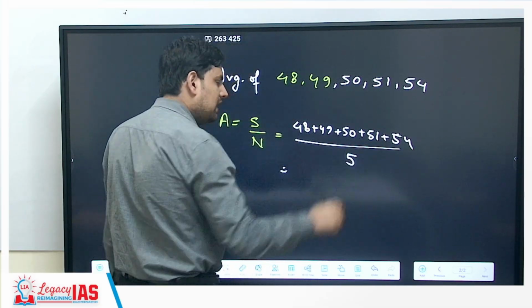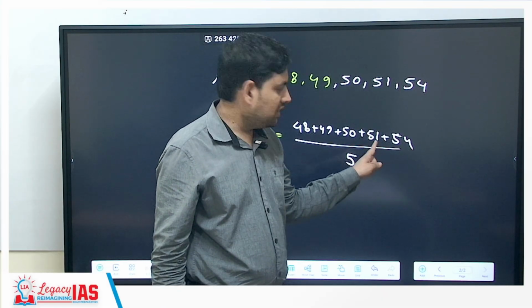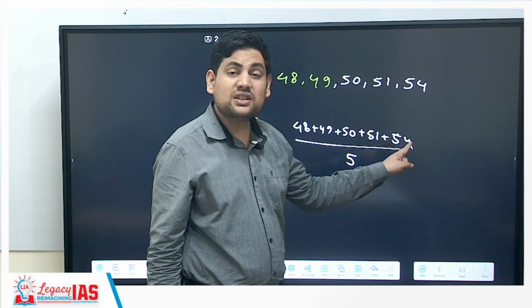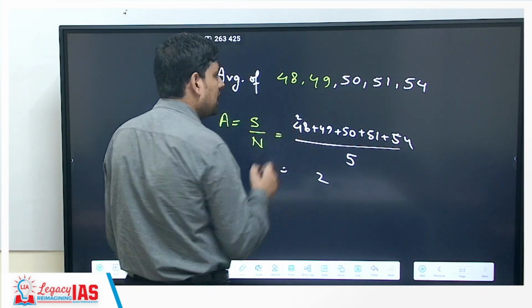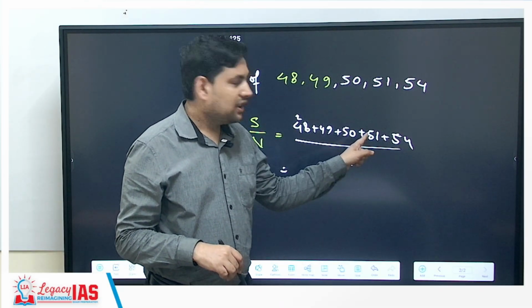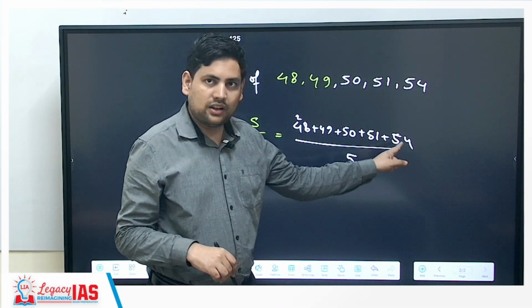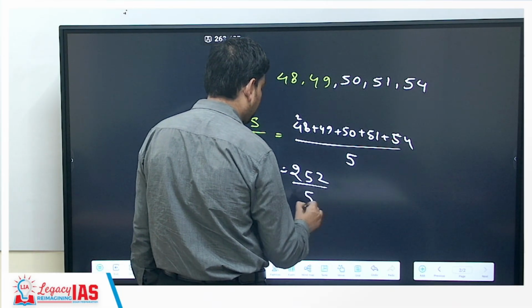If I add all of them, 8 plus 9 is 17, 17 plus 0 is fine, 17 plus 1 is 18, 18 plus 4 is 22. So 2 here and 2 goes for carry. Then 2 plus 4, 6, 6 plus 4, 10, 15, 20 and 25. So what I got is 252 by 5.